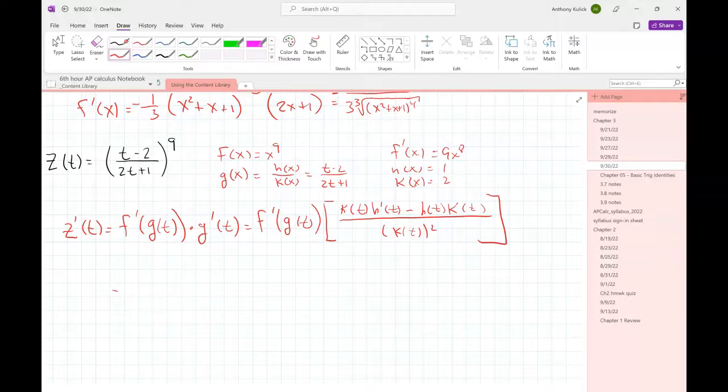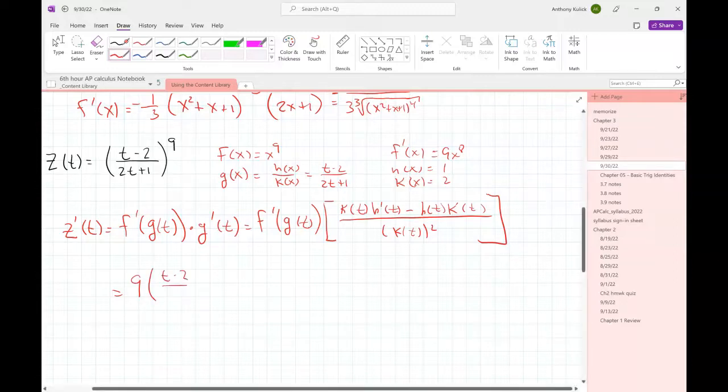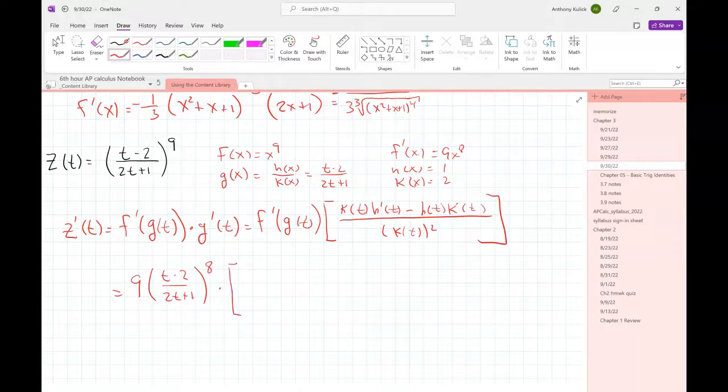All right. So f prime, so 9, and then I got to plug my g of t into the x spot. And then I have k of t plus h prime of t minus h of t.